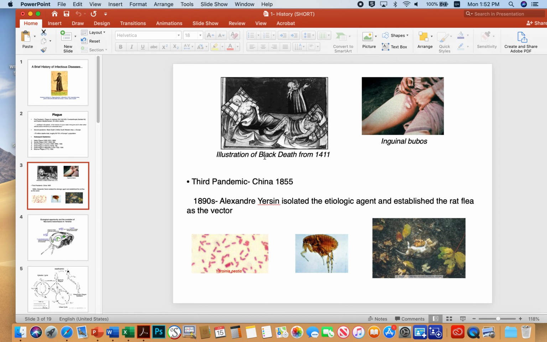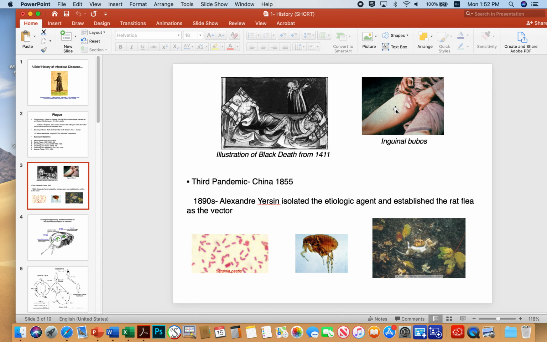And so what you see here are illustrations, these individuals having boo-boos all over their body, which looks to be a little bit of hyperbole to me, because typically the bubonic plague will focus buboes in particular areas. For example, these are inguinal buboes that would be most likely the result of an individual being bitten by a flea somewhere in this region, in your legs, for example.